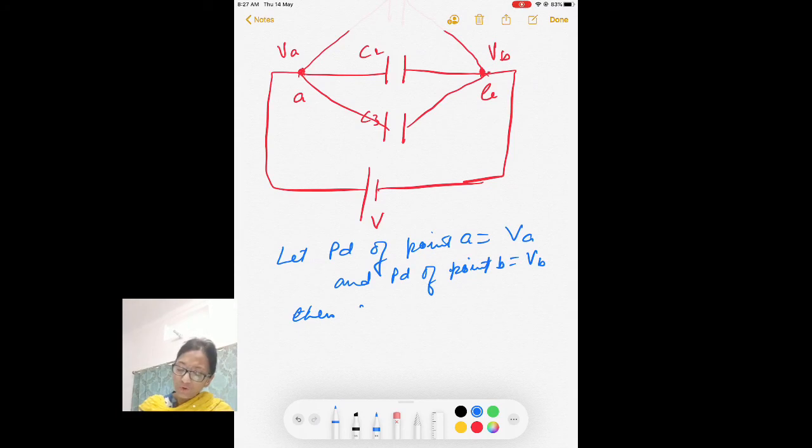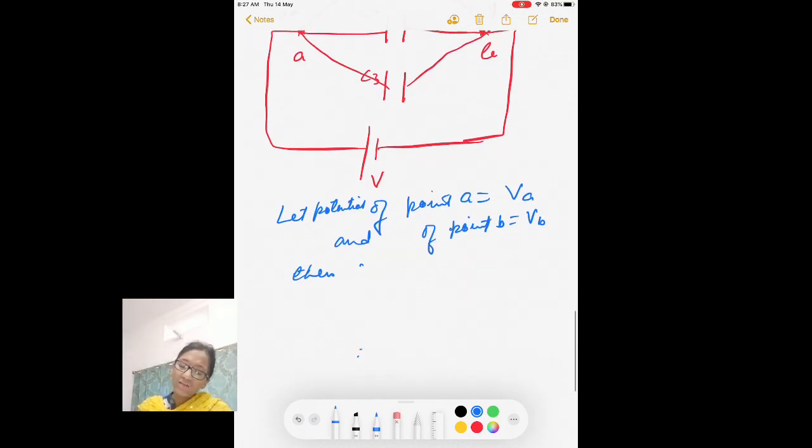Not PD, let me write it as potential, because at a point you have potential, and you know potential at a point is equal to KQ upon R.